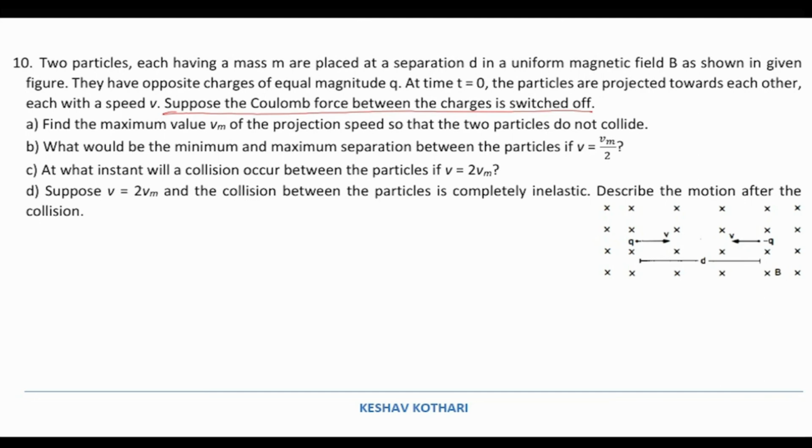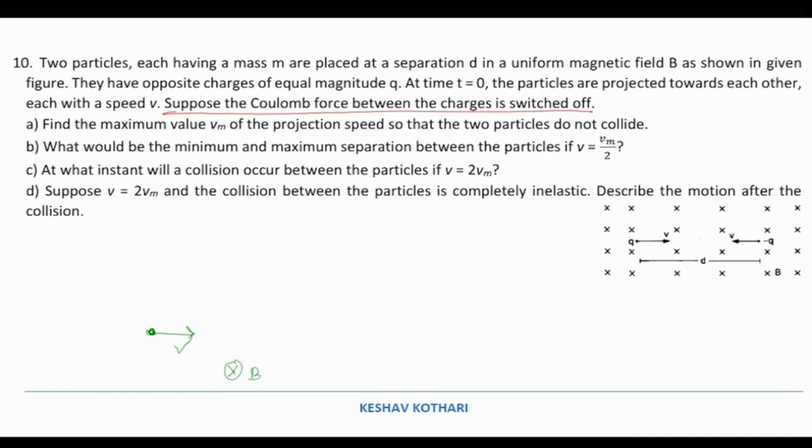So the first few things which must be kept in mind, that the two particles are having the same speed and the magnitude of charge is same, but the direction is different. So now over here one thing is for sure true, that if we see the direction of the positive charge, the positive charge will move in the upward direction because of the velocity and the direction of magnetic field which we have.